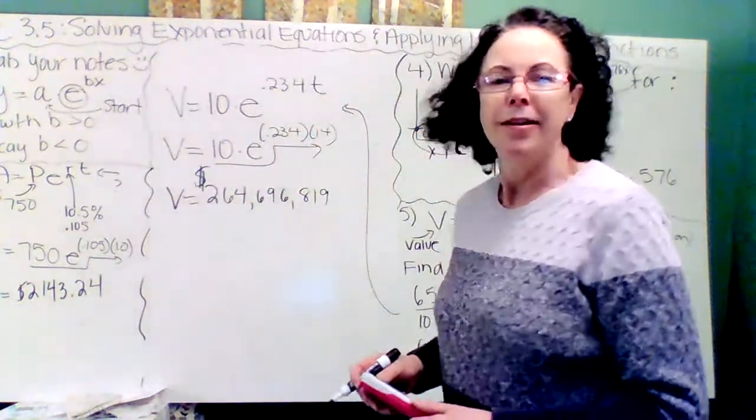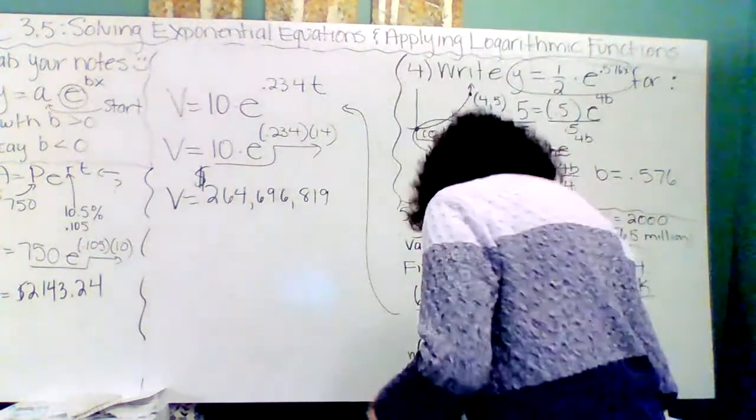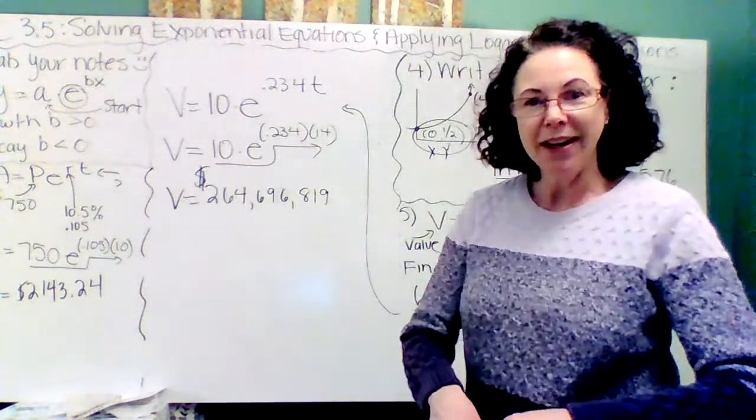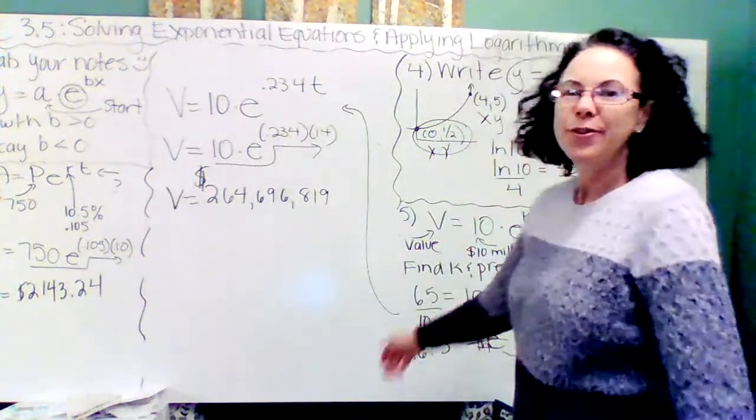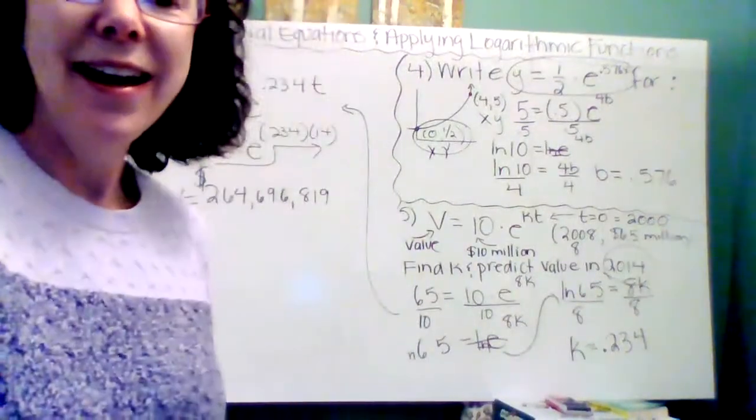Isn't that crazy? But it really does happen. I think it would be crazy to have enough money to buy it, right? So anyway, thank you for doing the last section of chapter 3 with me. Have a great day.